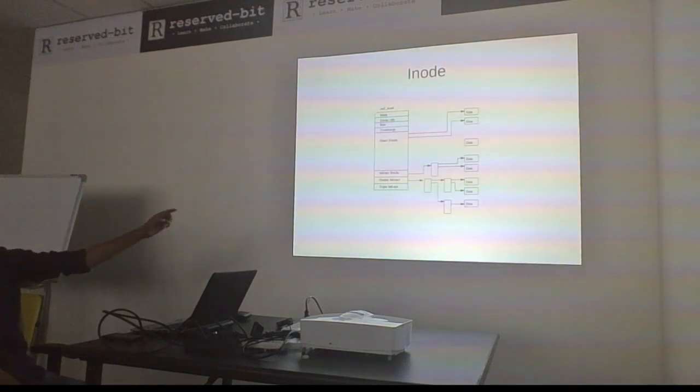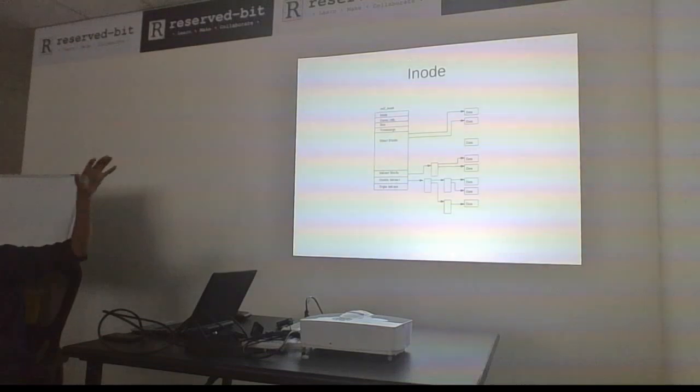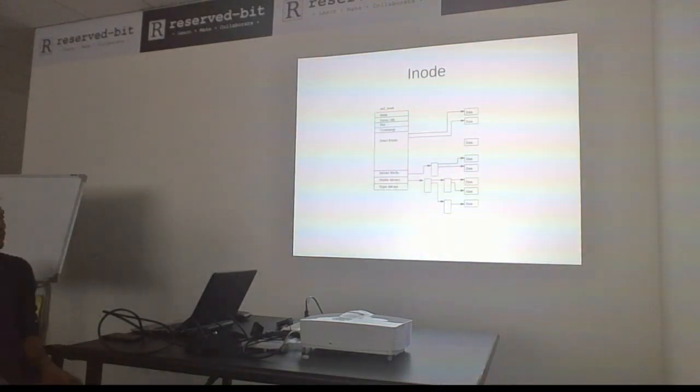In triple indirection, the block contains pointers, and those blocks also contain pointers, and the final pointers redirect to your data. So this is how the data is laid out in the inode.